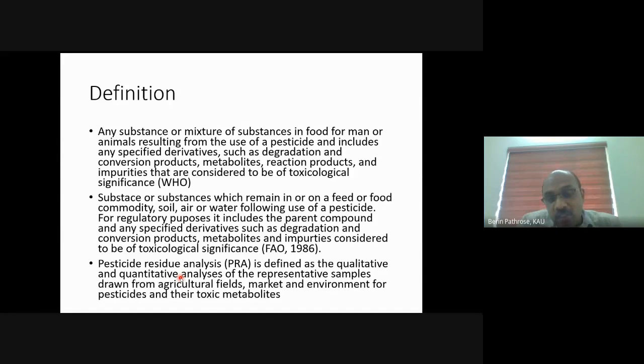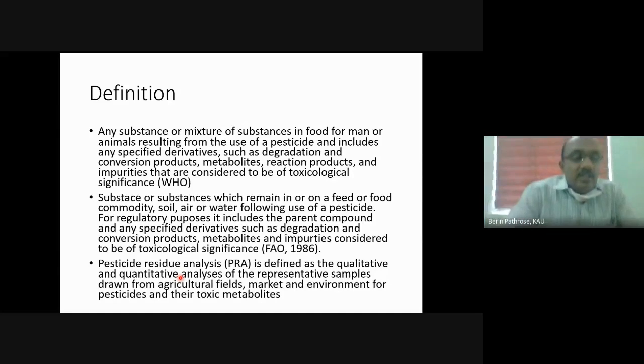So pesticide residue analysis is defined as qualitative or quantitative analysis of representative samples drawn from market, environment, or field, and we check for the presence or absence of pesticides and its toxic metabolites.